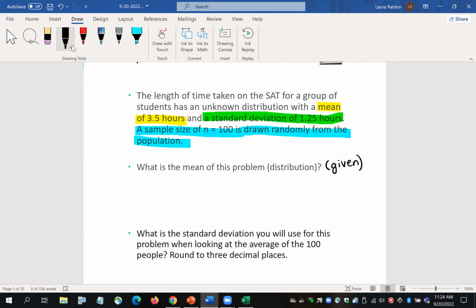Now, I know, again, because I'm going to choose a group of things that I want to apply the central limit theorem, and based on the central limit theorem, I know that the mean for the central limit theorem is equal to the mean of the original distribution, which in this problem is given to me as 3.5. So the mean of this problem is the same as the mean of the original distribution, which is 3.5.